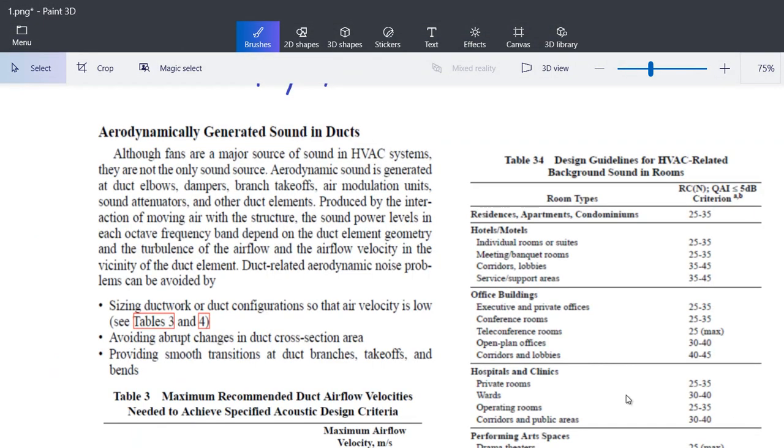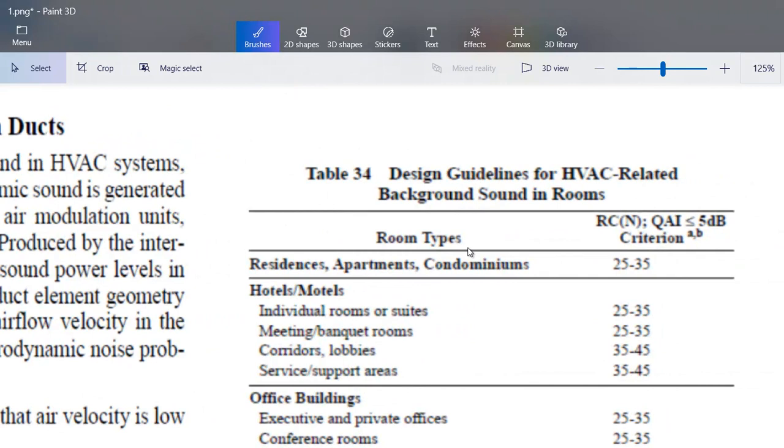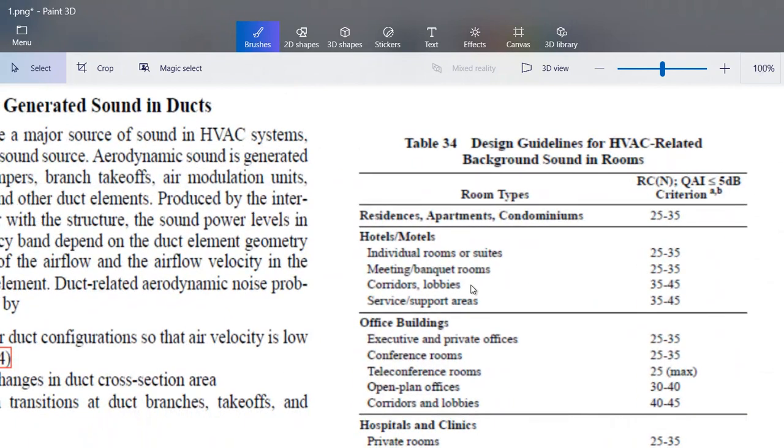So what I have here is the ratings of the sound decibels. So for the required spaces, kung ano yung spaces na mostly sinusupply mo ng air. So we have here the design guidelines from the HVAC. So we have your background sounds in the room.